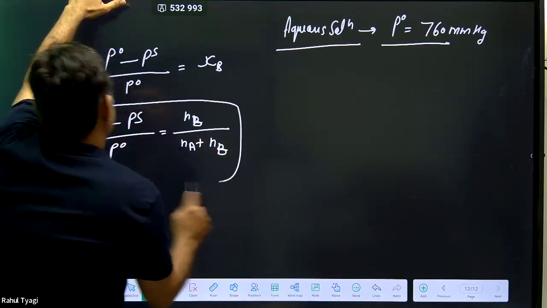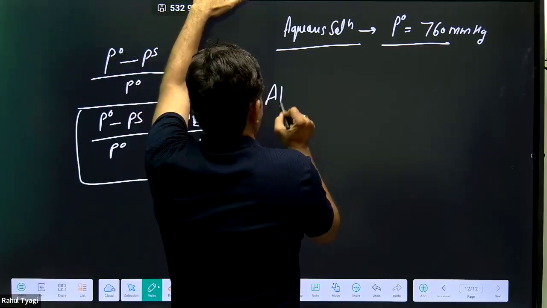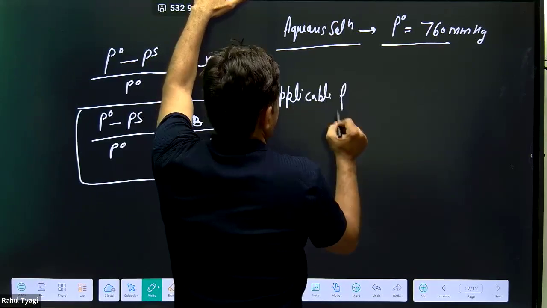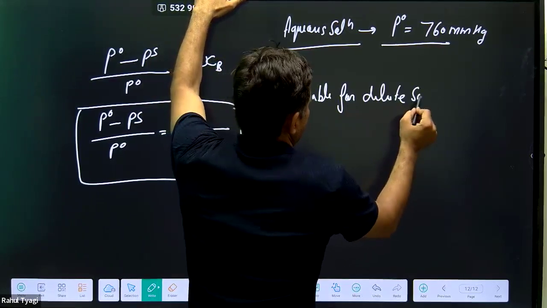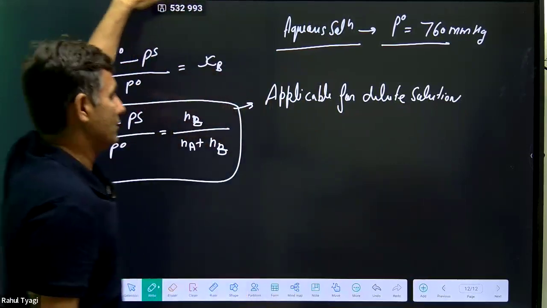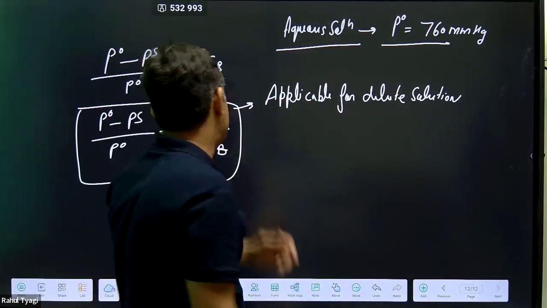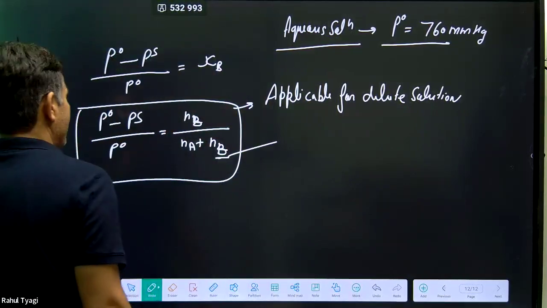Now this concept is applicable for dilute solution. So sometimes in numericals, I will neglect the value of NB.